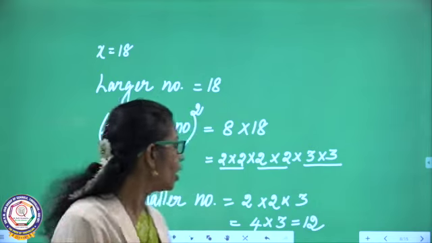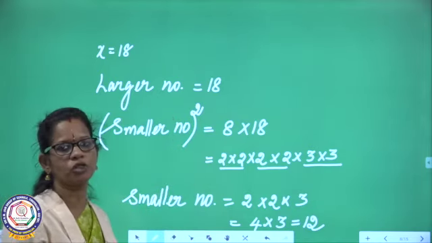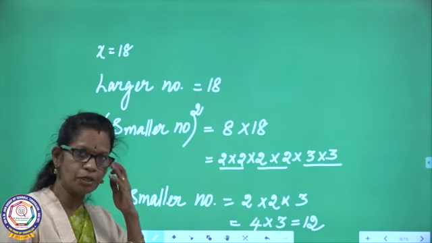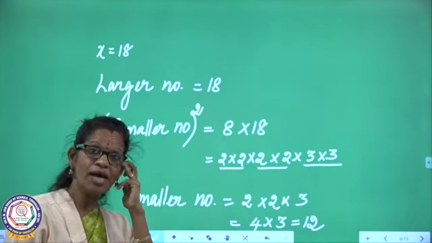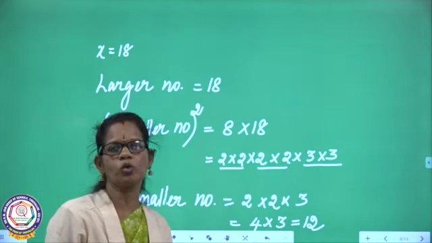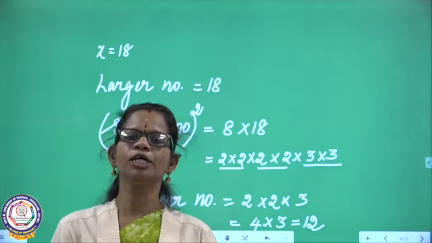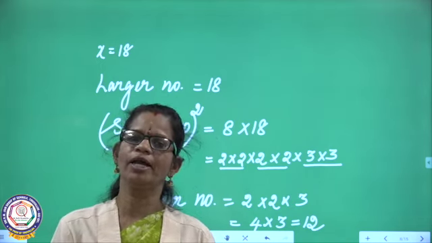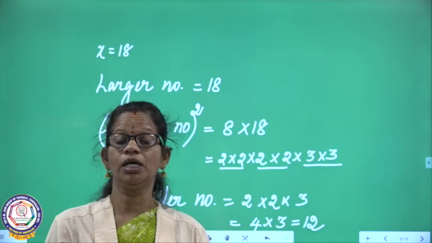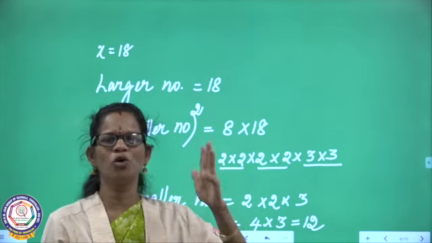When you find the larger number square and the smaller number square, what is the larger number square? 18 square is 324. What is the smaller number square? 144. 324 minus 144, what will you get? 180, right? If you do the thing correctly, you don't need to check.